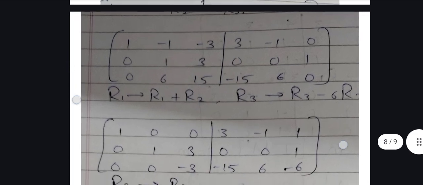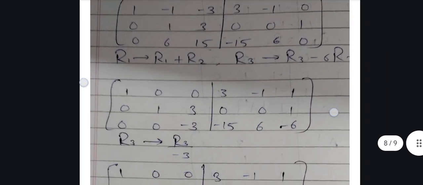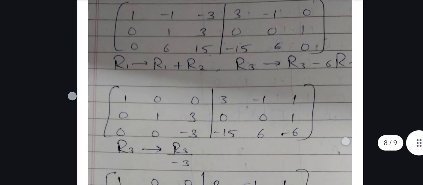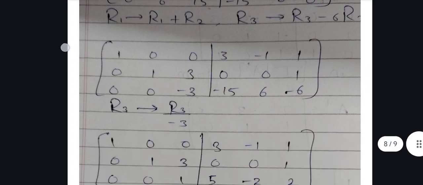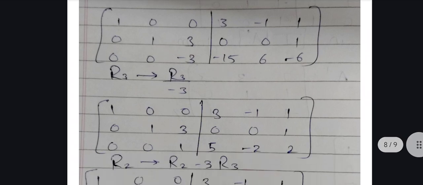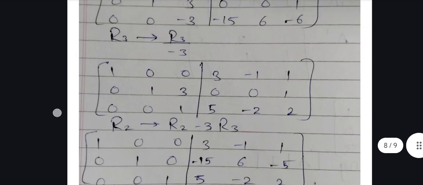We will get 1. So R1 and R2 will be as they are, keeping R2 as it is. After making this, divide R3 by minus 3.